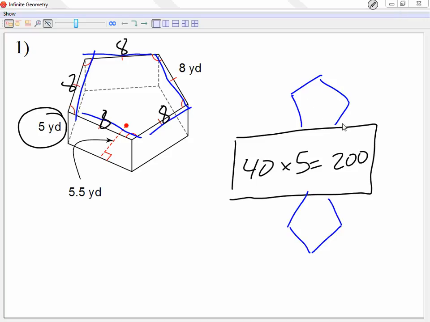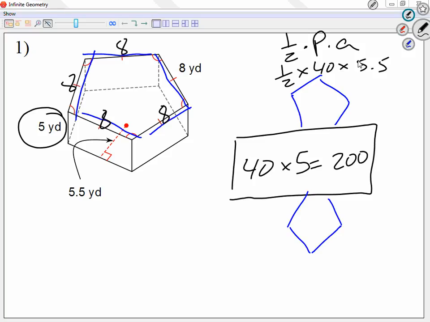Now, let me get the area of my pentagon. For polygons, whenever I give you the apothem, like you see there, I gave you a formula: 1/2 times perimeter times apothem. So 1/2 times the perimeter, which we found earlier is 40, and the apothem is 5.5.